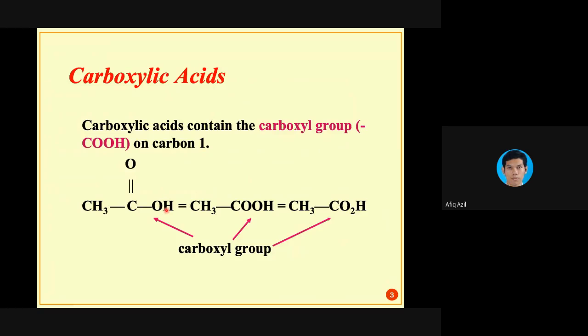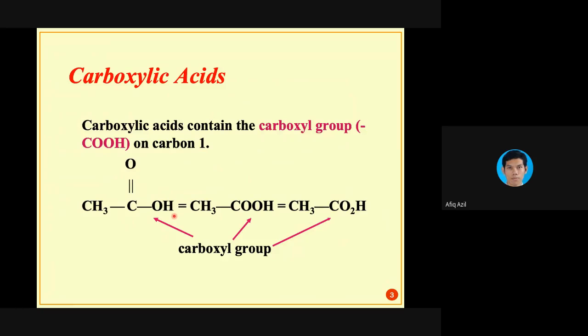We can say that it contains two functional groups, the carbonyl group and also the hydroxyl group. The name combines together to become carboxyl, a combination of carbonyl and hydroxyl. So carboxyl group stands for COOH.